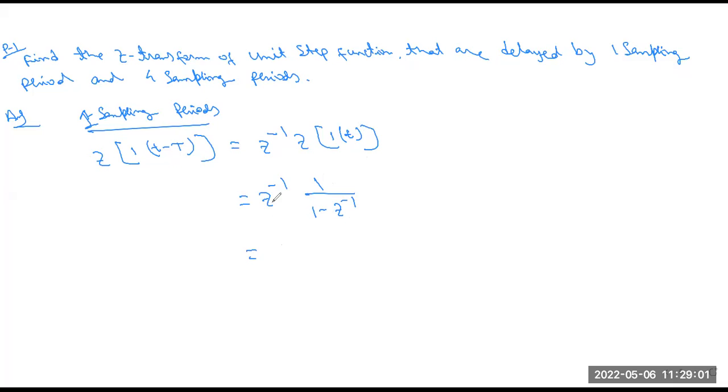Now we have to multiply it, that is z inverse by 1 minus z inverse. This is for the one sampling period. So here the diagram is coming, this is the x(t), that is the t.